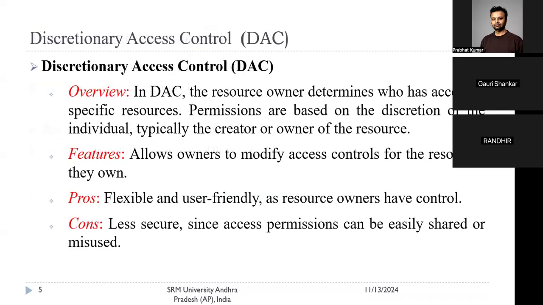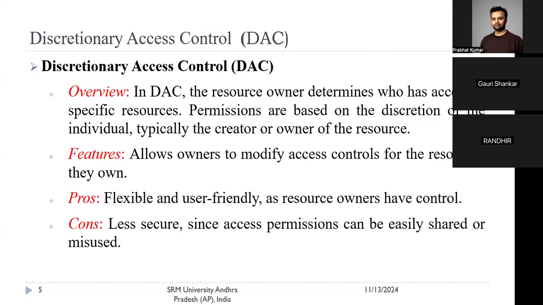Discretionary access control is nothing but the particular owner deciding who will access his data or his transaction or his file. It totally depends on the owner. Suppose I am the owner of my resource, my transaction, then who wants to access or who will access, that I will decide. So basically it's owner oriented, user oriented.